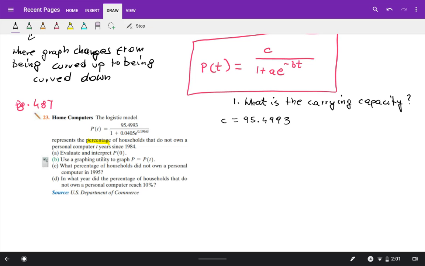Question number two: I already mentioned that this is decay, so what is the decay rate?